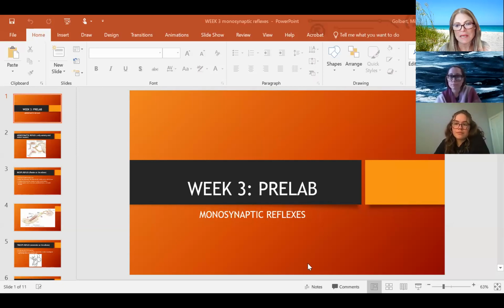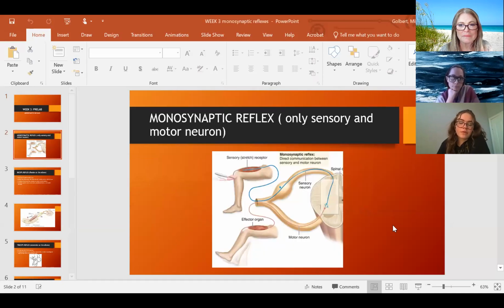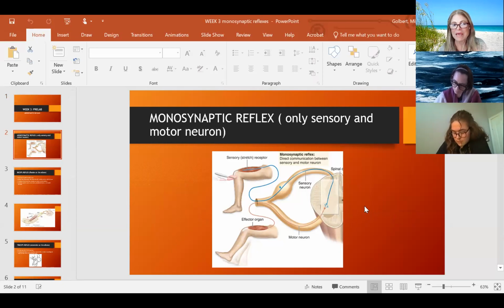And obviously monosynaptic means only one synapse, right? So this is the typical monosynaptic reflex where we have one sensory neuron and that sensory neuron is making a synapse directly with the motor neuron in the spinal cord. So this is the typical reflex where we hit the patellar tendon in the knee and the person will kick their leg up.